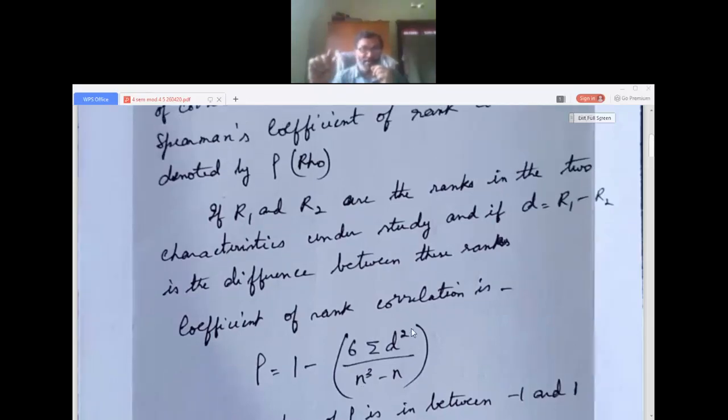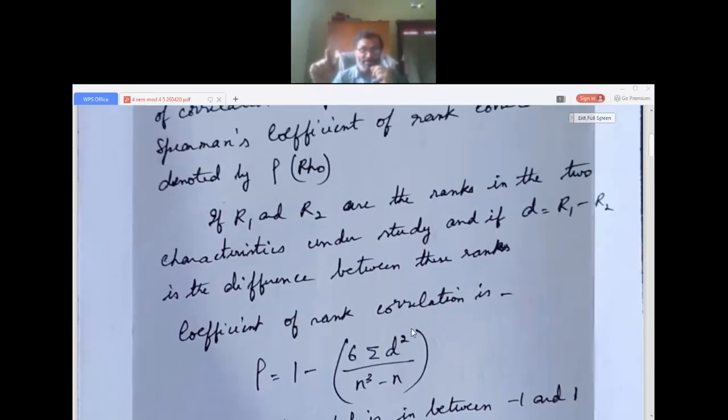N is the number of items. D is the difference between the two ranks, R1 minus R2 or R2 minus R1, whatever.